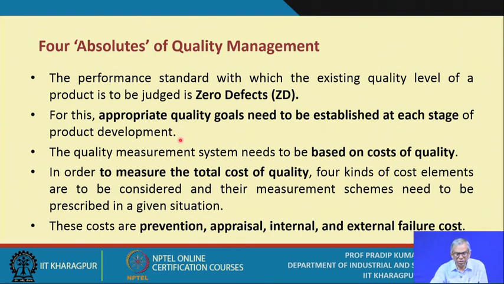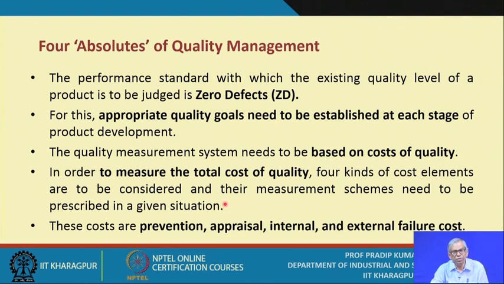In order to measure the total cost of quality, four kinds of cost elements are to be considered. You first consider these four types, and then you have to propose a measurement scheme for each one. So what are these four cost elements? The first is the prevention cost, the second is the appraisal cost, the third is the internal failure cost, and the fourth is the external failure cost.